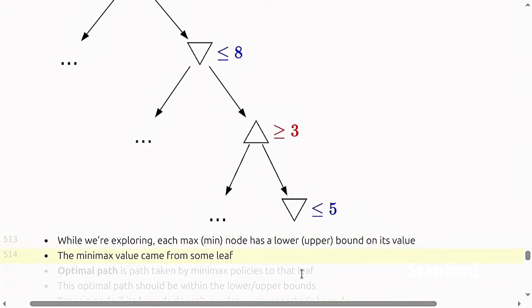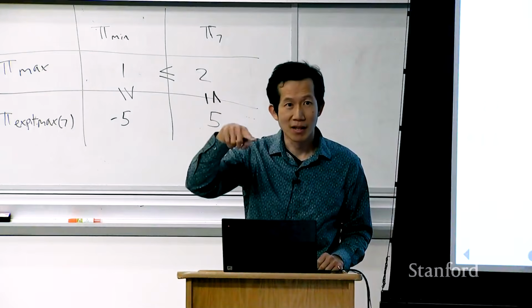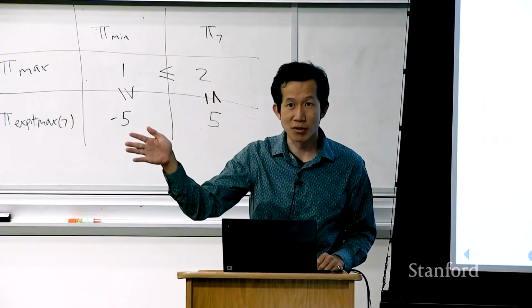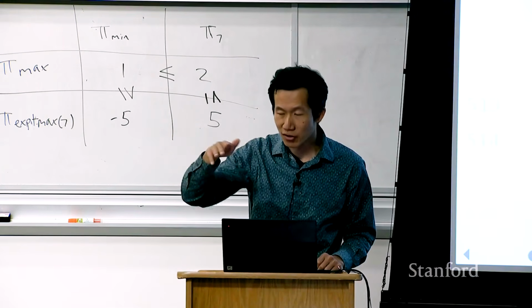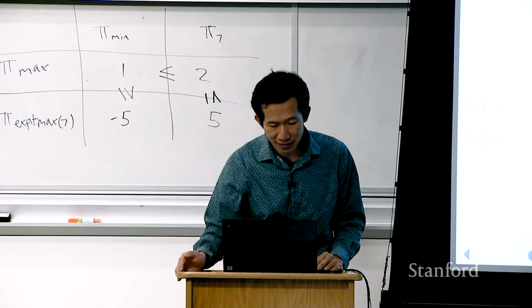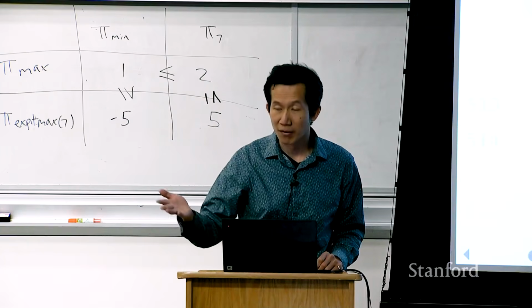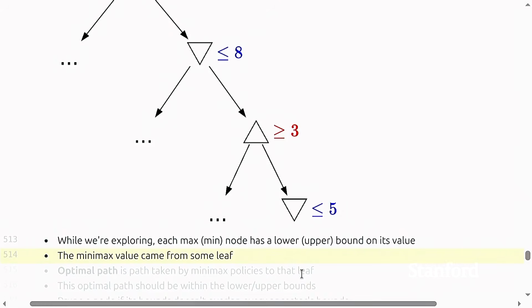Now, think about where the min-max value comes from. It must have come from some leaf, because I'm just taking max and mins of successor states. And so there's some leaf that must have given rise to that value.